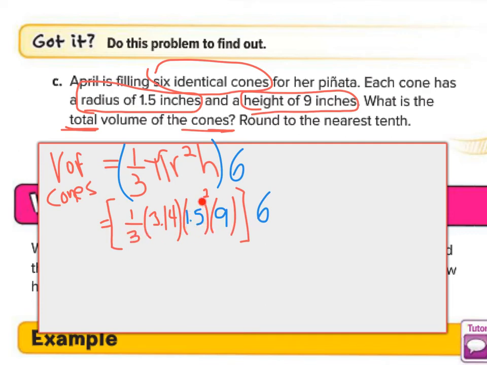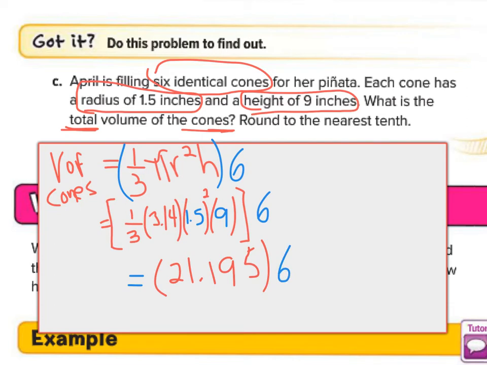Remember 1.5 times 1.5 first, and then multiply that product times the other factors, and we get 21.19499. So I'm just gonna write 21.195 and stop there. And that's being multiplied times 6.